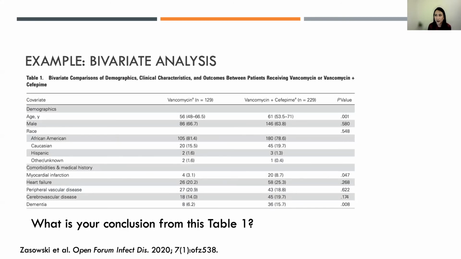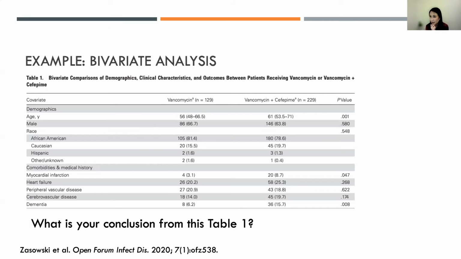Now we'll talk about the bivariate analysis. I'm going to take a pause here and let you look at this example table. It's a little more up my alley with ID, but in this particular study, they're looking at two treatment groups among patients who have MRSA bacteremia: patients who got vancomycin monotherapy, compared to patients who got a combination of vancomycin and cefepime.